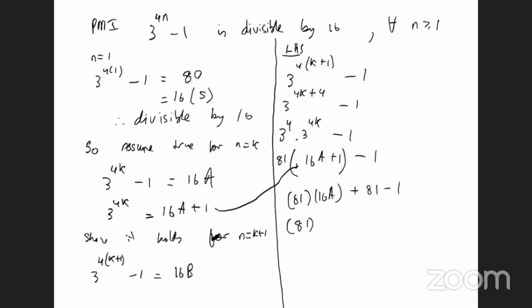So that's 81 by 16a plus 80. Now I can factor out 16 and I will get 16 times 81a plus 5. It doesn't really matter what the value is once you can do this. You can say it is of the form 16b, so you're good to go.